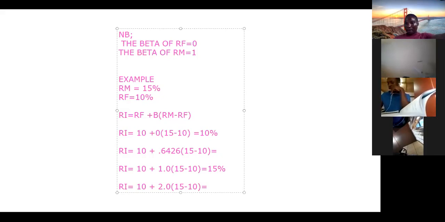The beta of market return is 1. And the beta of RF is 0. So the statement that you have written there, what does it mean? The beta of market return is always equal to 1. What does it mean?